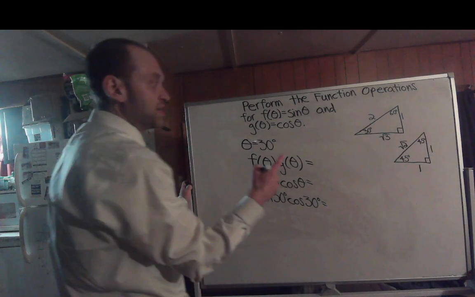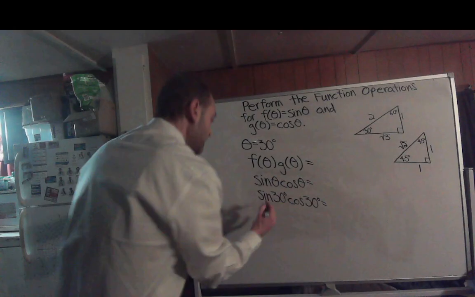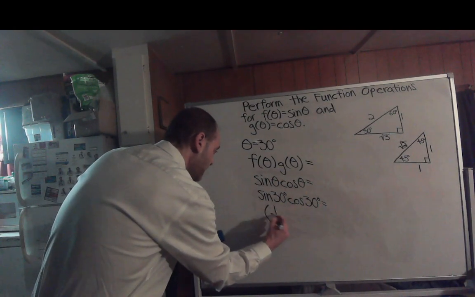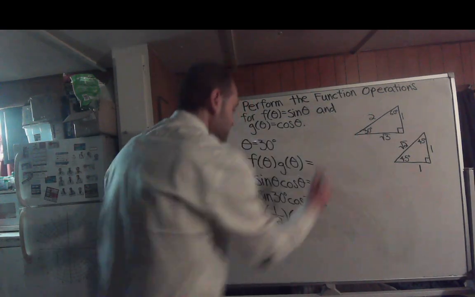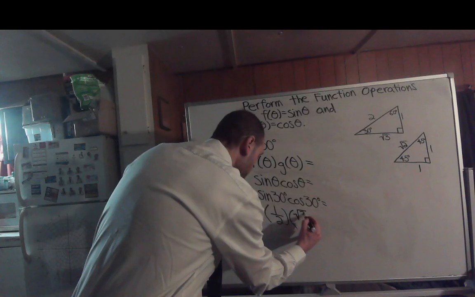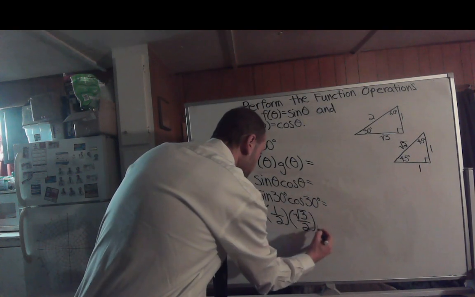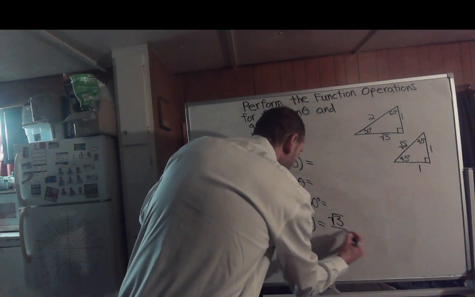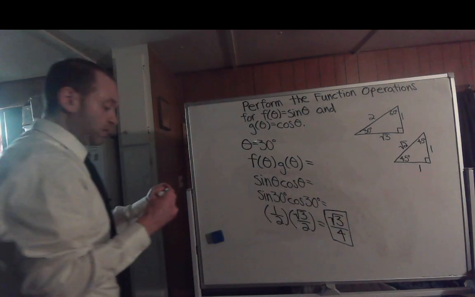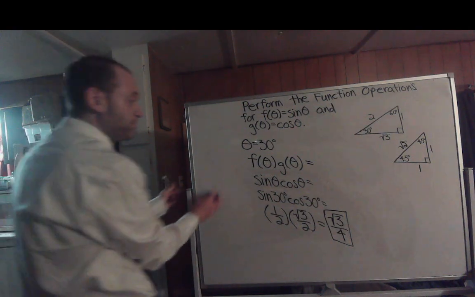So what is the sine of 30? That's going to be 1/2, so you'll end up getting 1/2 times your cosine of 30, which is the square root of 3 over 2, which when you multiply, you should get the square root of 3 over 4. So what you should get in the end here is the square root of 3 over 4.